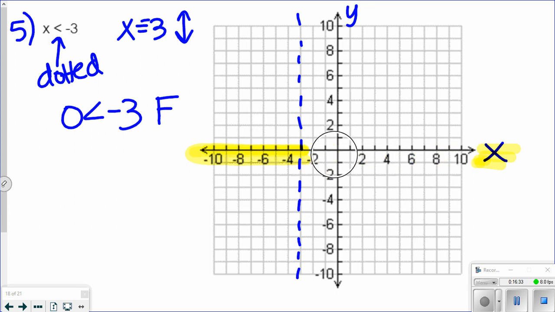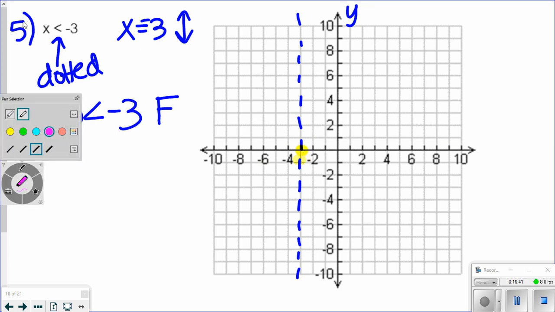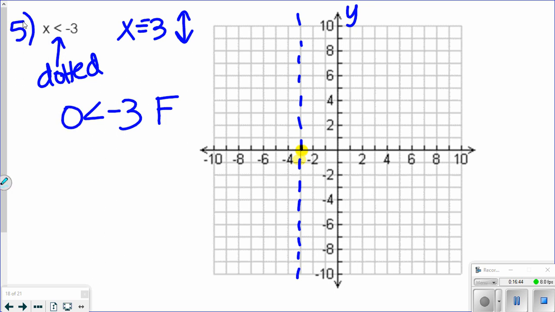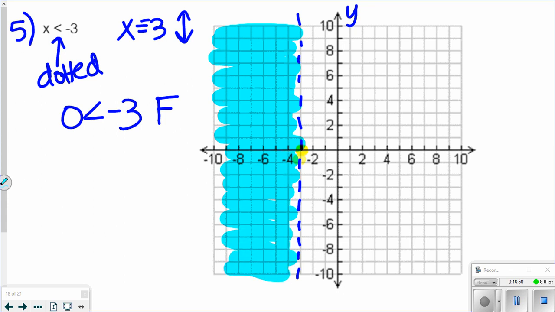So what we're going to do here is shade to the left. Less than -3, we go to the left, towards -4, -10, -28, etc.